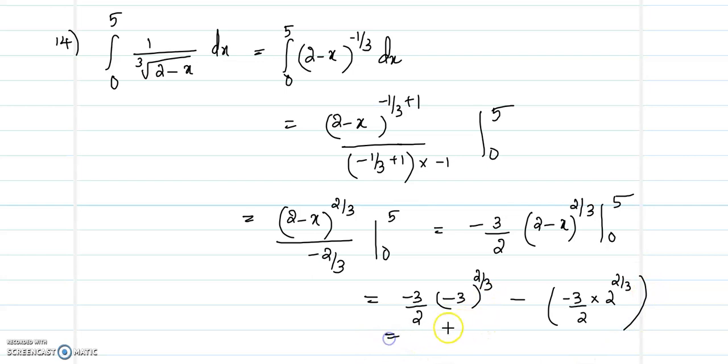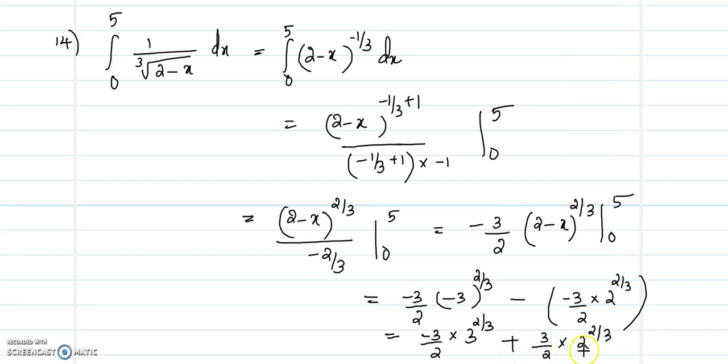So we have (minus 1) whole power 1 by 3. So this minus sign will go off since we have a square term. So this will be minus 3 by 2 into 3 raised to 2 by 3, plus 3 by 2 into 2 raised to 2 by 3.